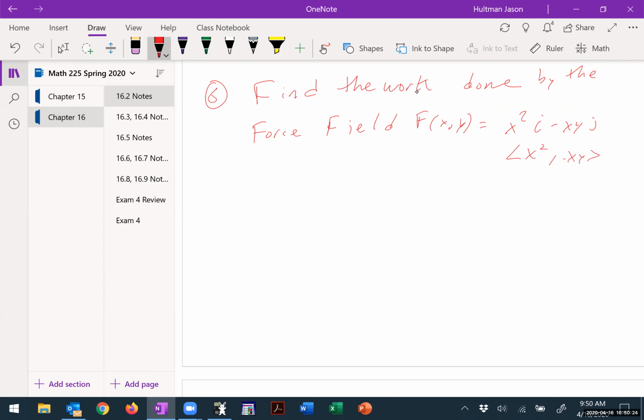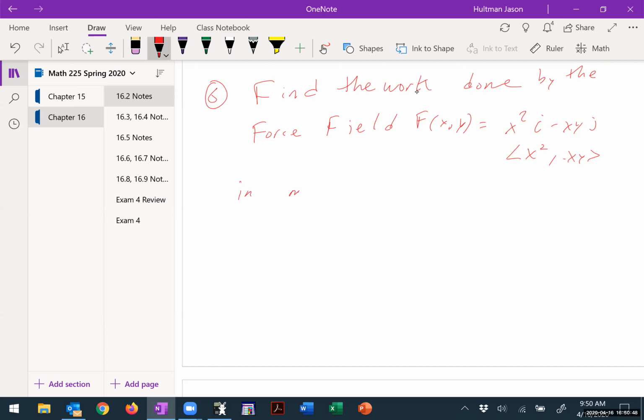Don't worry about the i's and the j's. Find the work done by the force field. This tells me how the forces are being acted for every x and y value in my plane. What are those vectors?